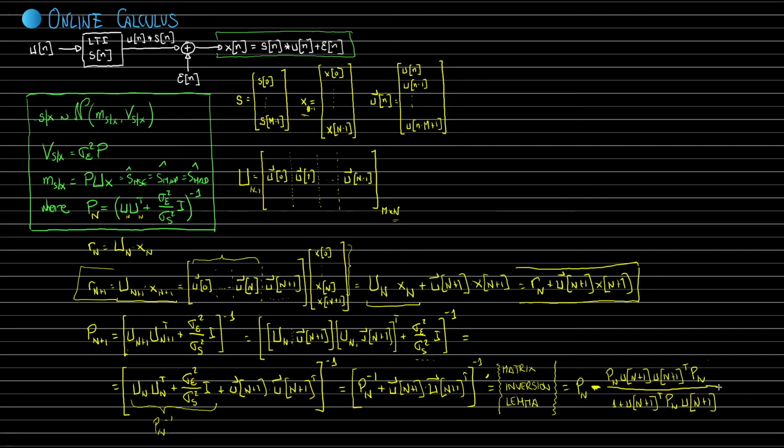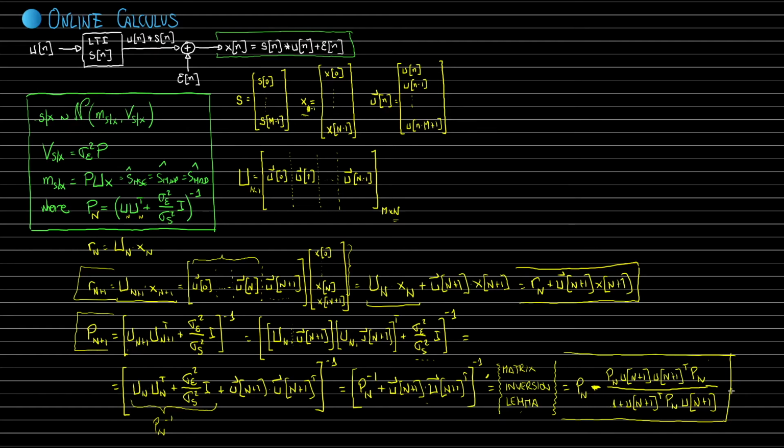Okay. And there we have the second recursive equation we need. We can compute p at time n plus 1 as a function of p at time n using this expression. Well, verifying the last equality here is not actually complicated.